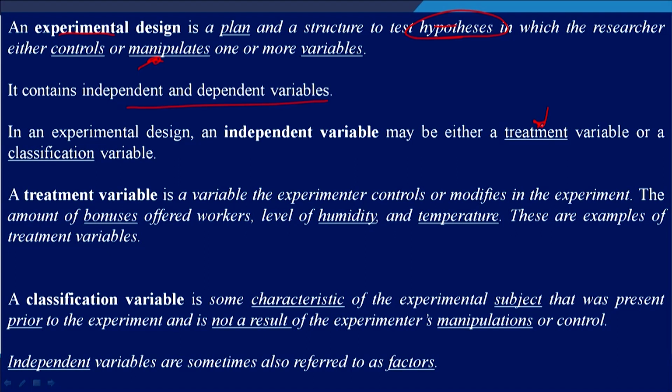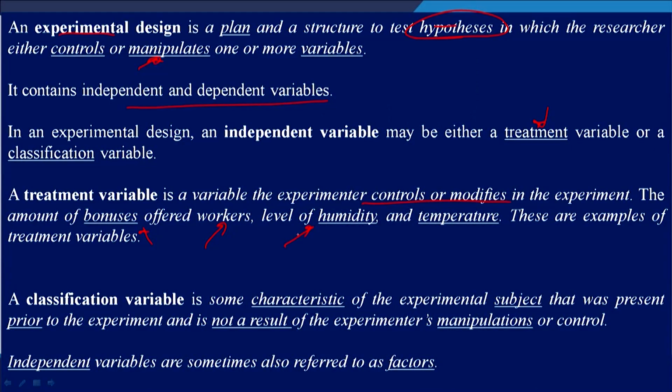So, let us look at what is the meaning of treatment variable. In fact, treatment variable is a variable which an experimenter controls or modifies. Let us say the amount of bonuses offered to worker, then how the bonus would improve his performance, improve productivity of the worker. So, that bonus is nothing but a kind of treatment, right.